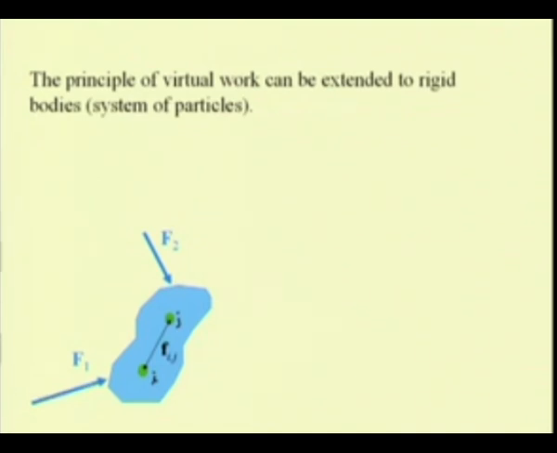So, intermolecular or interatomic forces develop which hold together the various parts of the rigid body. Under the application of the forces, the body is prevented from disintegration because of these intermolecular or interatomic forces.